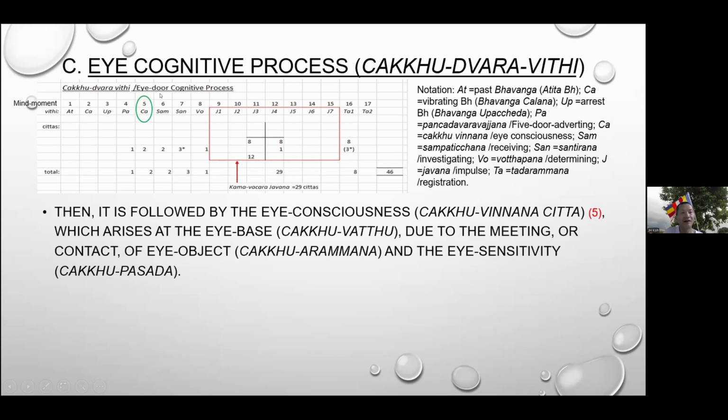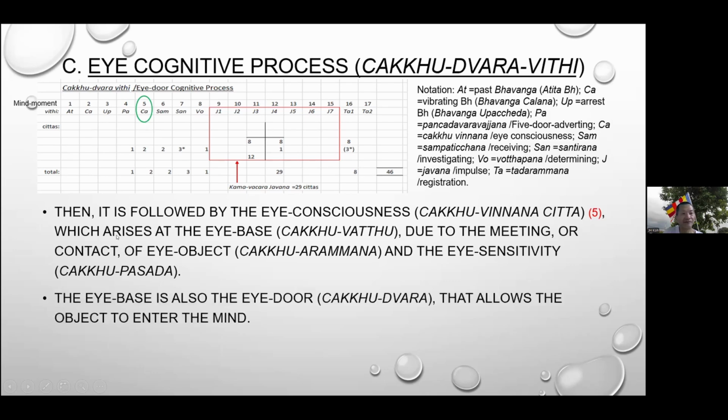And this Cakkhu-vinnana citta arises at the eye base, or Cakkhu, because of the meeting of the eye object and the eye sensitivity, and there is a contact. So this Cakkhu-vinnana arises.